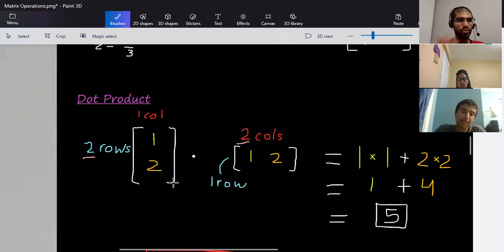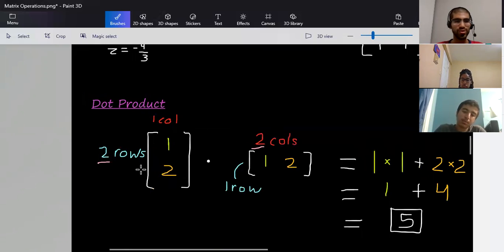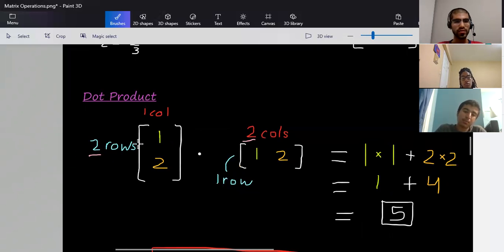But I did want to give you a real life example of how we could use a calculation like this. So what are those crazy mathematicians doing? Why do they want us to do this? Well, if you think about it, pretend that this vector represents two athletes, okay? Specifically, it represents the number of games that the first athlete won and the number of games that the second athlete won.